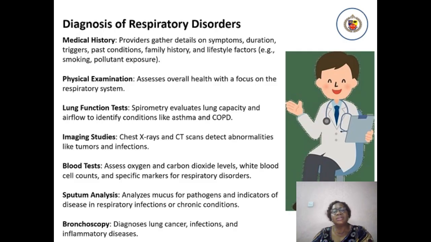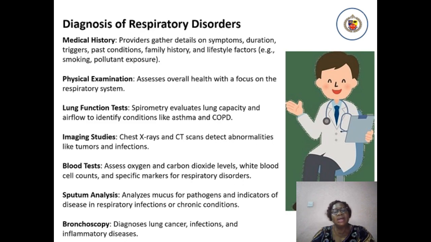Lung function test: spirometry evaluates lung capacity and airflow to identify conditions like asthma and chronic obstructive pulmonary disease. Imaging studies: chest X-rays and CT scans detect abnormalities like tumors and infections.